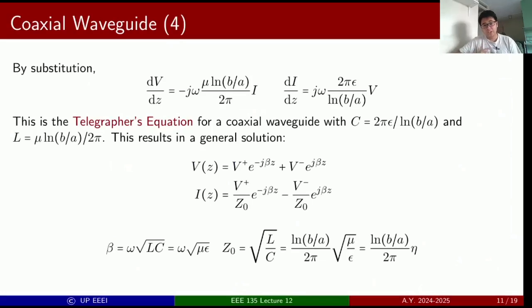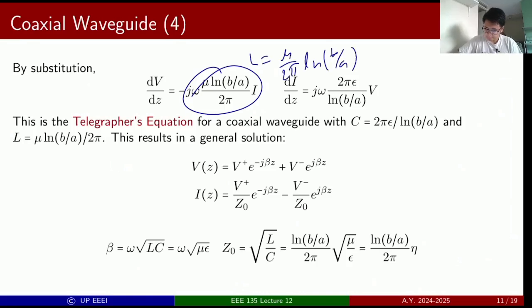So for a coaxial waveguide, we let L be equal to mu over 2 pi ln b over a, and C is equal to 2 pi epsilon over ln b over a.